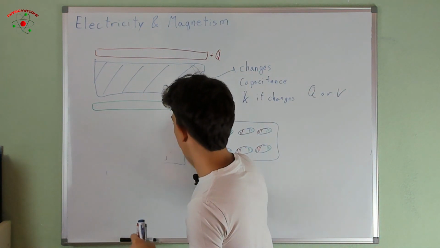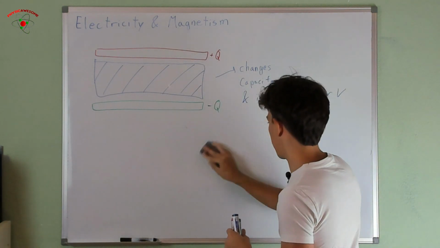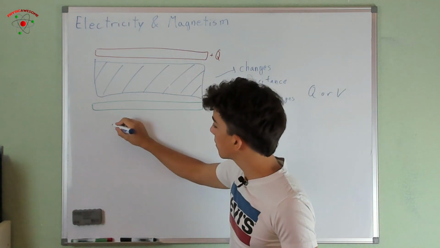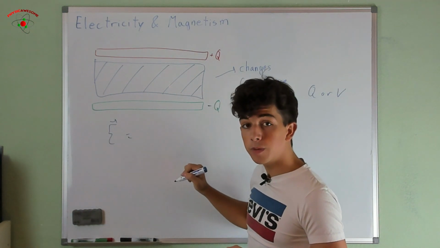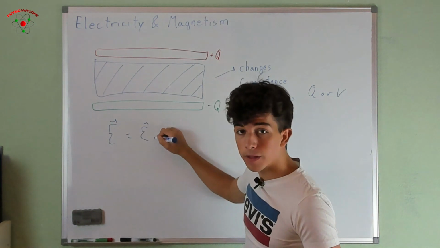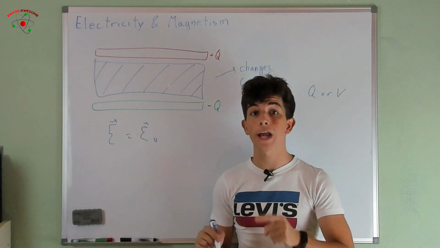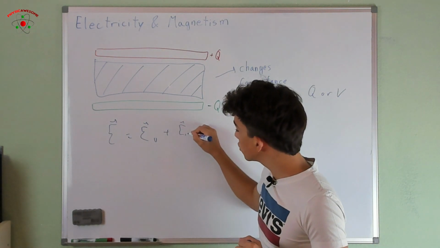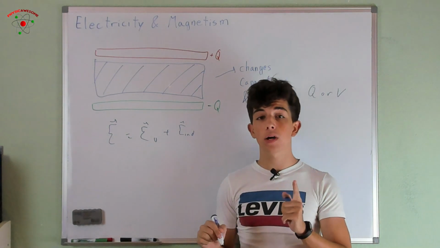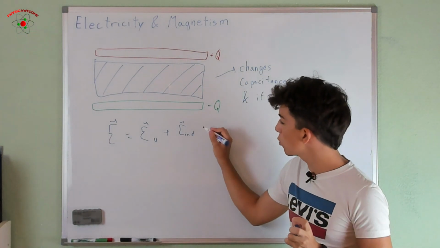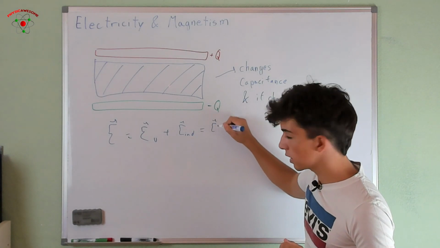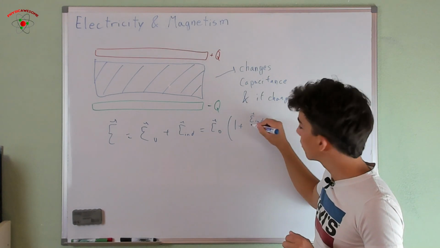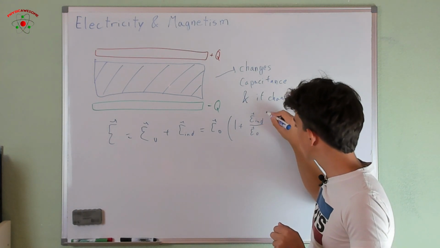So the electric field we're going to end up having, E, is going to be the sum of the electric field we would have without any insulator, any dielectric, plus the electric field generated by the induced charges. In general, this is summarized in the following way, as taking E naught and this constant 1 plus E induced over E naught.